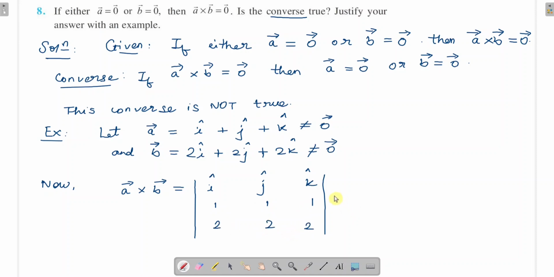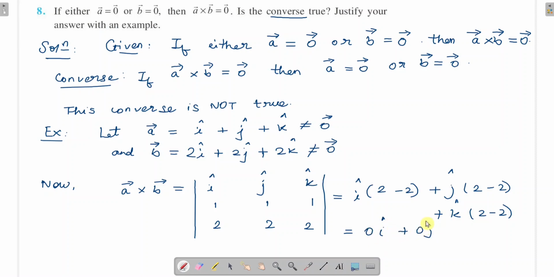Okay, so i cap (2 minus 2), so just you have to expand the determinant, plus j cap (2 minus 2) plus k cap multiplied by (2 minus 2), so 0 i cap plus 0 j cap plus 0 k cap we will get.